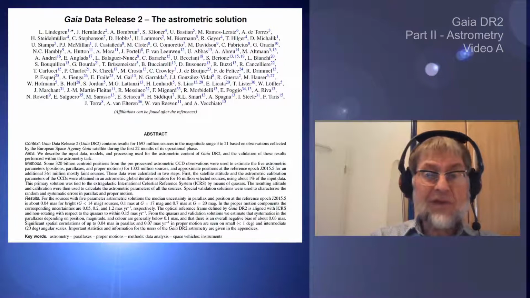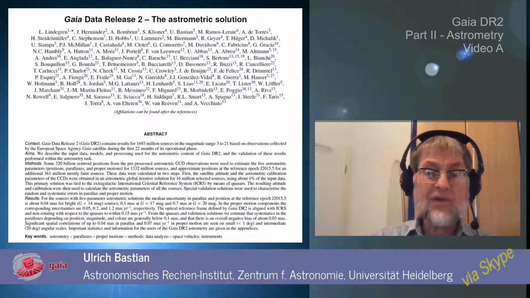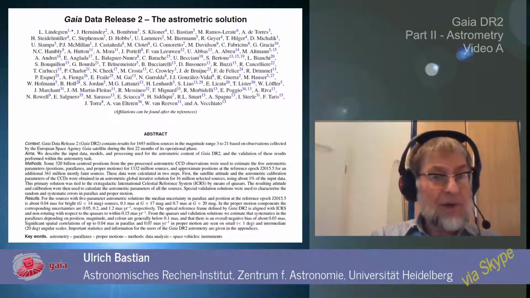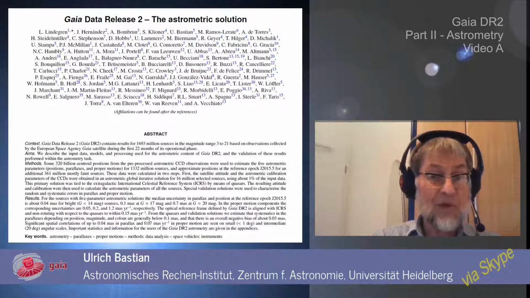My favorite phrasing of that, what I feel about Gaia Data Release 2 is: it is fabulous, it is far from perfect, but it's even much farther from anything that has been available before.